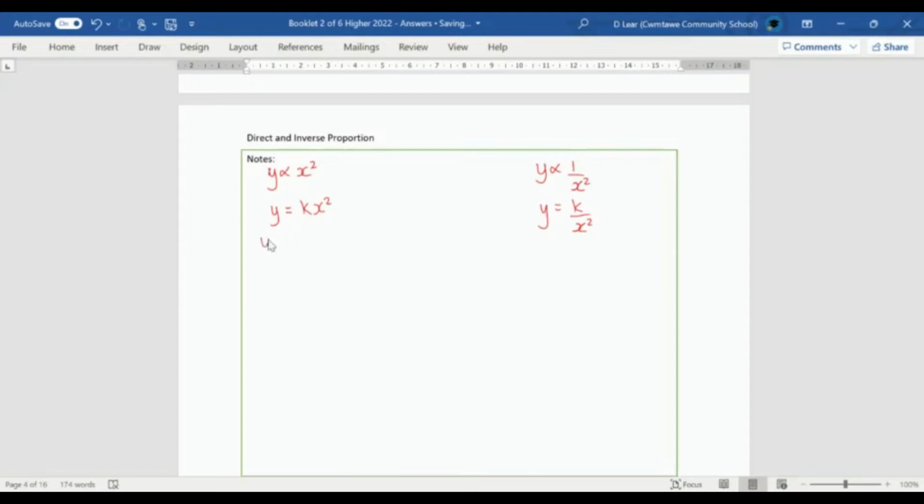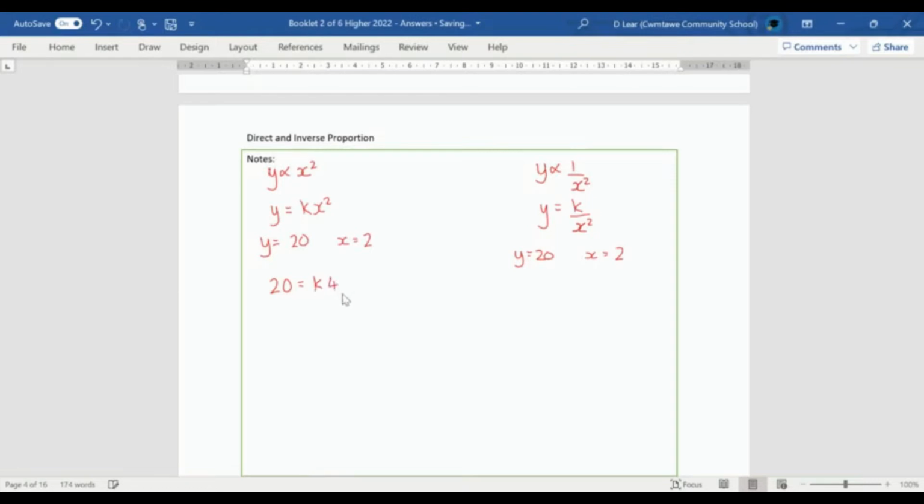So it might be, for example, y equals 20 when x equals 2. And I tell you what, we'll stick with that here. We'll use y equals 20 when x equals 2. Now, what that allows us to do is put these two values in here. So 20 equals k, and instead of x squared, we can put 2 squared, so 4.